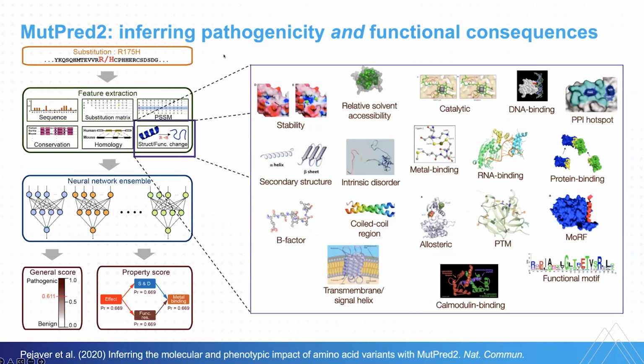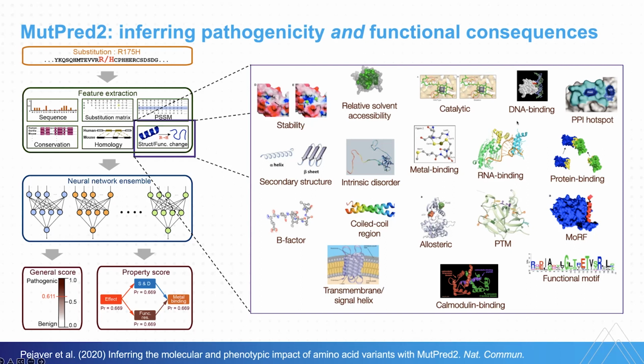We've contributed to this as well. A lot of my doctoral and mid-postdoctoral work focused on developing a method called MutPred2. The key distinguishing feature of what we do is that we not only infer whether a variant is pathogenic or benign, we also make predictions about what biochemical or functional consequence could occur due to that variant.